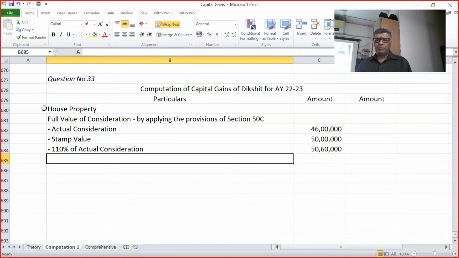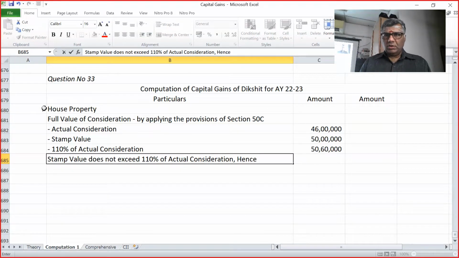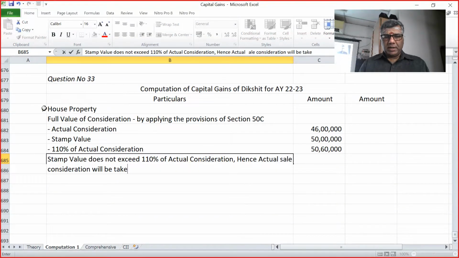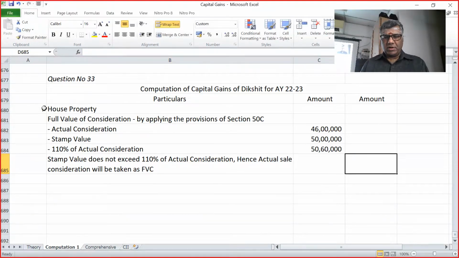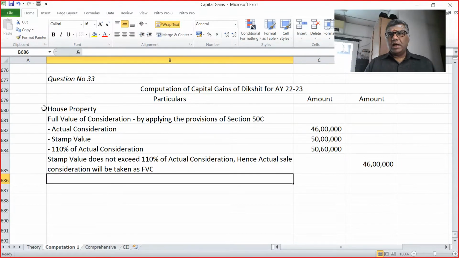The stamp value does not exceed 110% of actual consideration. Hence, actual sale consideration will be taken as full value of consideration.